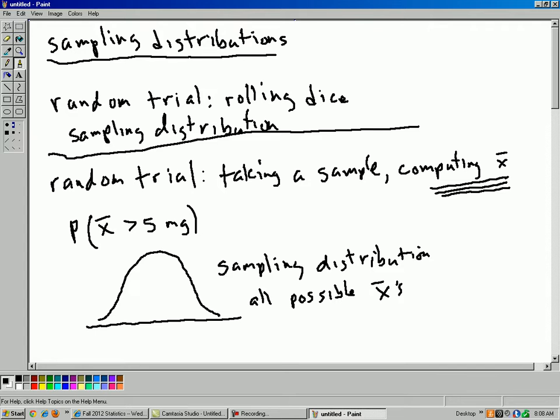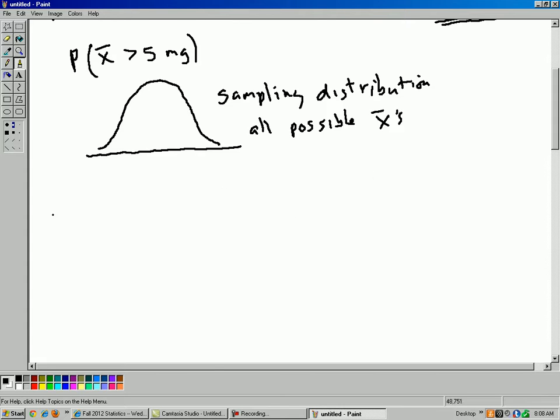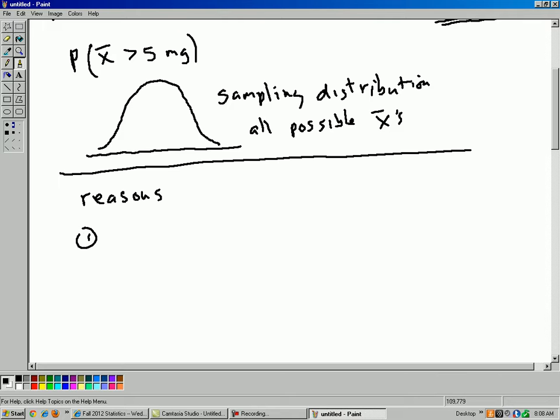And so we use sampling distributions for two main reasons. Reason number one is to figure out the probability of x bar being greater than something, less than something, between two numbers, and so forth. Whatever specific instance you're looking for, that's the first reason.